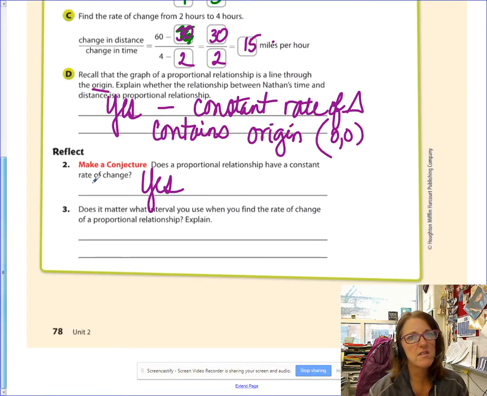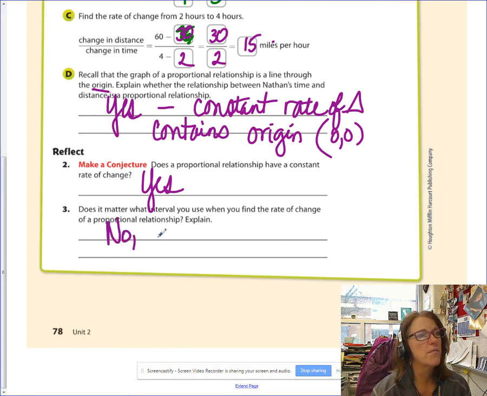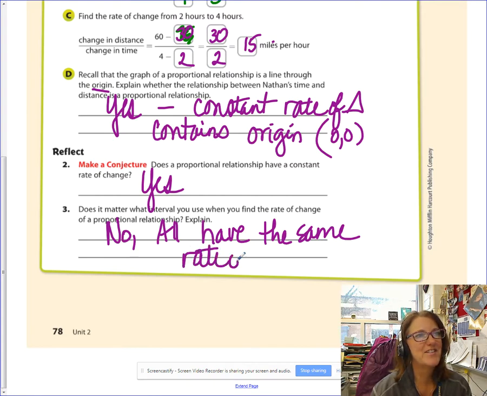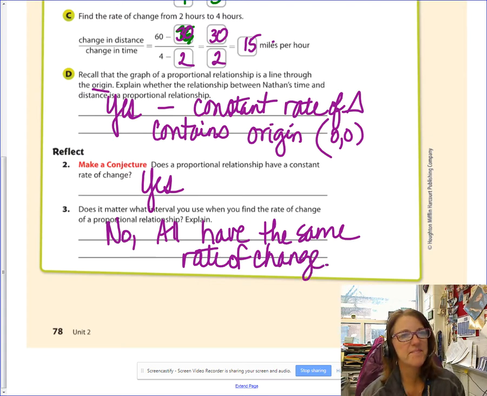They all have the same slant or the same slope. So does it matter? No. All have the same rate of change. You'll get tired of saying rate of change pretty soon. We'll change gears and refer to it as slope eventually, all right?